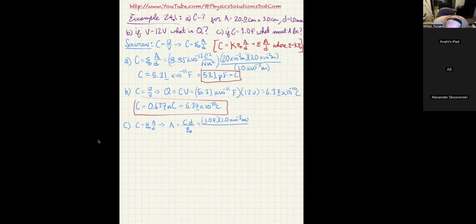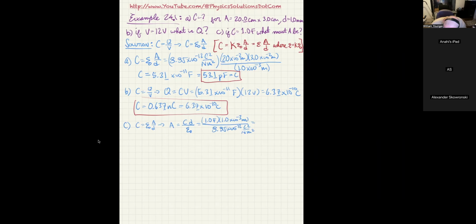And now I'm going to divide that by 8.85 times 10 to the negative 12th coulomb squared per Newton meter squared. Again, I want to leave that up to you guys to be able to work out those units. So do that at your earliest convenience. I'm going to take 1 times 10 to the negative 3 and divide it by 8.85 times 10 to the negative 12th.